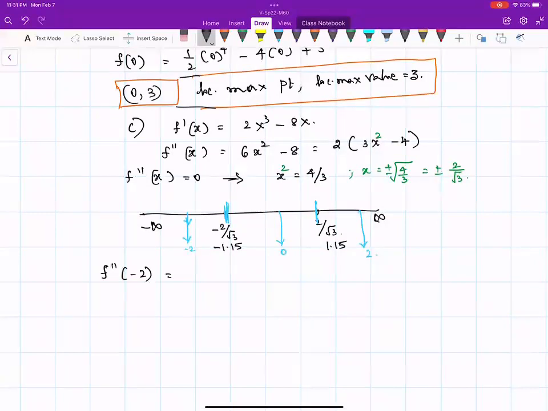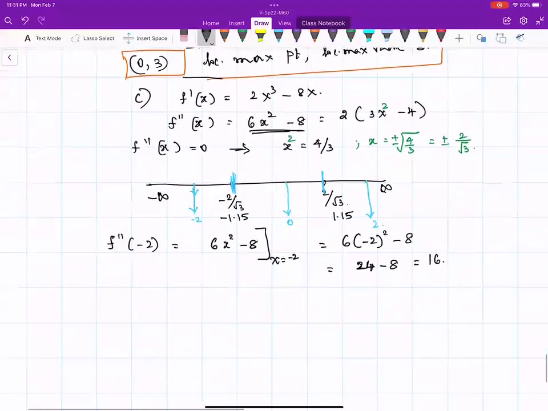We said that the second derivative was equal to 6x squared minus 8, evaluated at x equal to negative 2. That is 6 times negative 2 squared, which is 24, minus 8, which is 16.